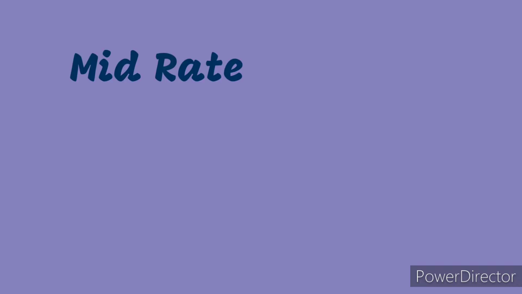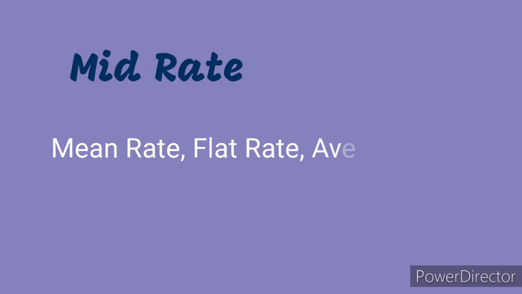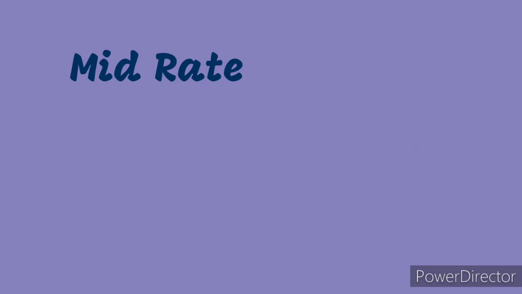Next concept is mid rate. Sometimes mid rate is also expressed or called mean rate, flat rate or average rate. Mid rate is nothing but the middle point or midpoint of bid and ask rate.